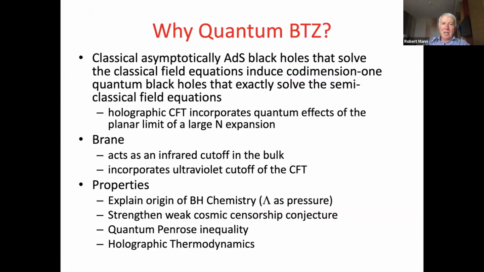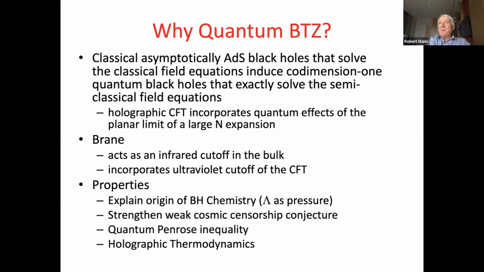We have, as I pointed out a few slides ago, an asymptotically anti-de Sitter black hole, and that is accelerating, and it solves the classical Einstein-Maxwell equations with a string source. But this can induce a codimension-1 brane black hole that solves semi-classical field equations. And this is what Emparan, Frassino, and Way pointed out.